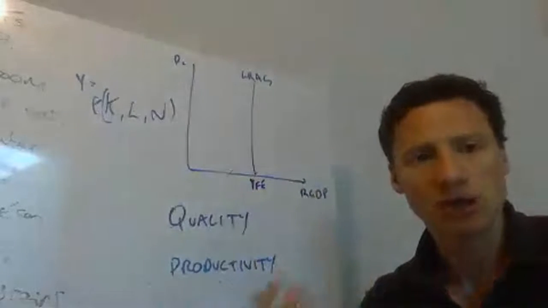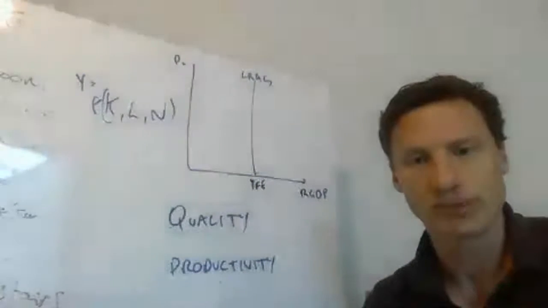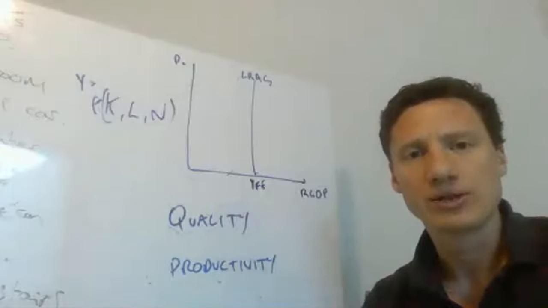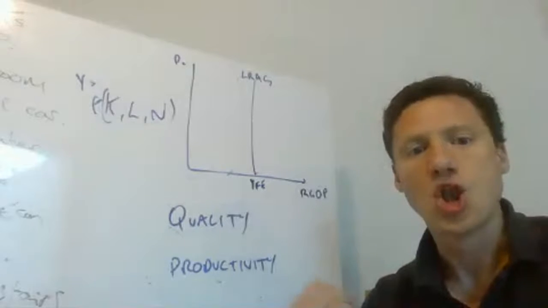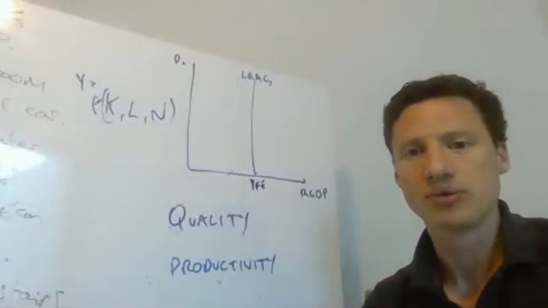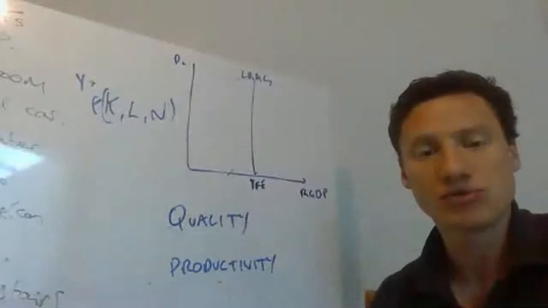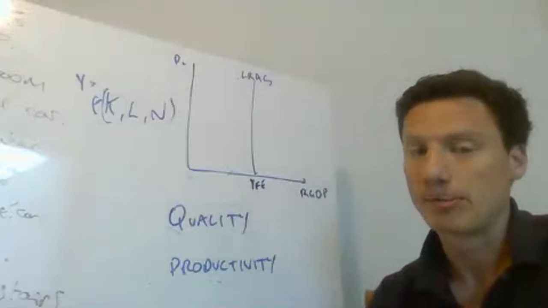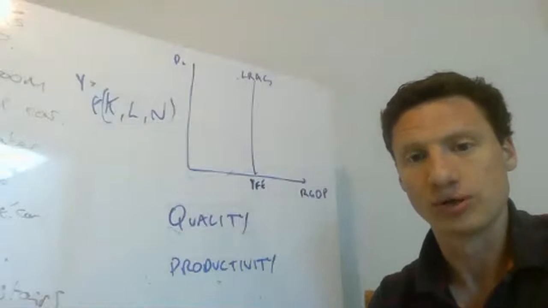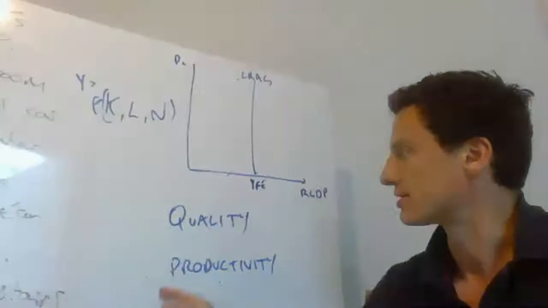why am I doing this part here? Because ultimately, if you're a classical economist, the only way that you can get permanent, long-run economic growth, the only way that you can shift real GDP to the right in the long run, remember, not in the short run, is if you do one of these things.